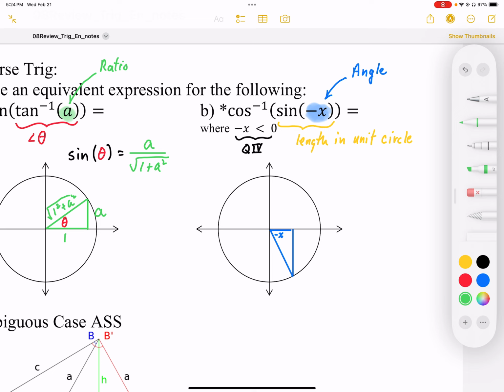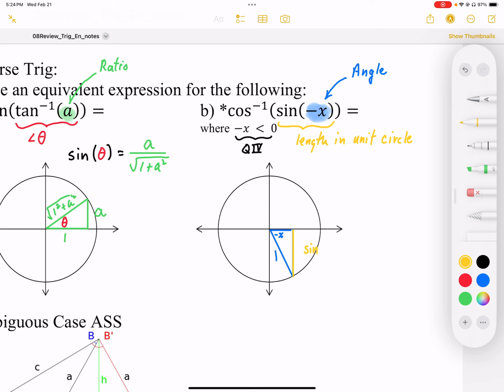And the sine ratio is a length in the unit circle. So what I'm going to do is make this circle radius 1. And that makes the vertical length of this equal to sine negative x. The sine value represents the y value of that position.